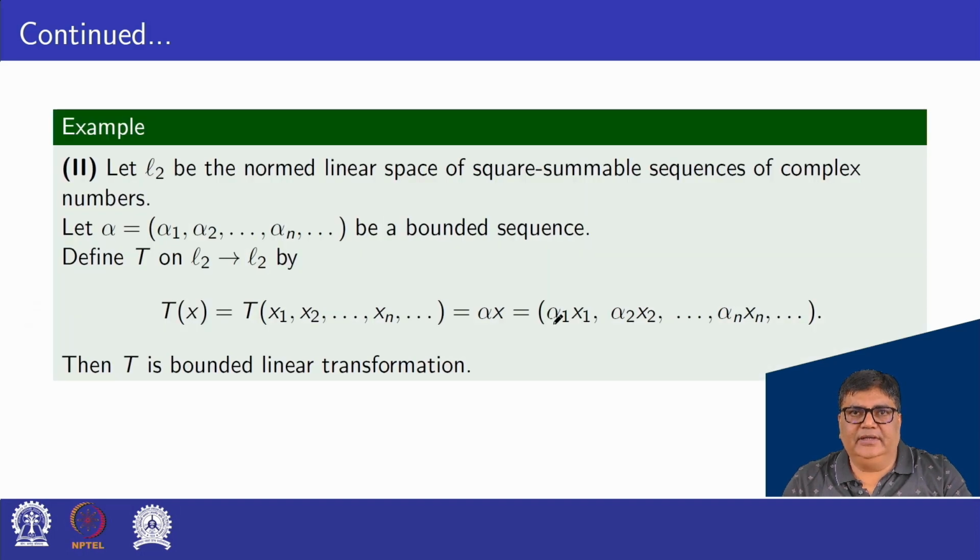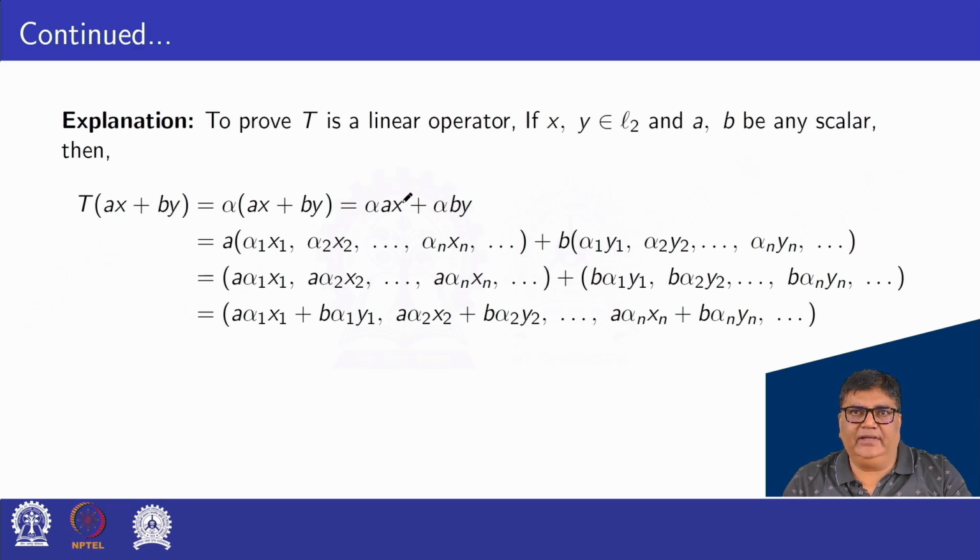Here a into alpha x can be written as a alpha 1 x1, a alpha 2 x2 and so on, a alpha n xn. Similarly, b alpha y can be written as b alpha 1 y1, b alpha 2 y2 and so on, b alpha n yn. Multiplying by a and b, we get these two infinite dimensional terms. The first term can be added with the first term of the second, similarly the second term of the first can be added to the second term of the second.